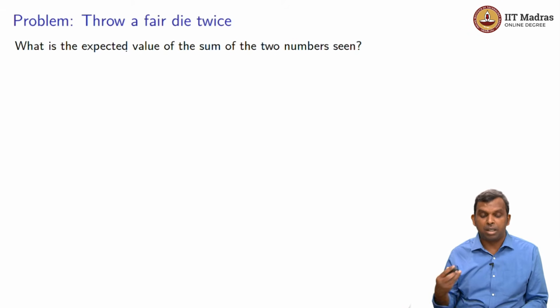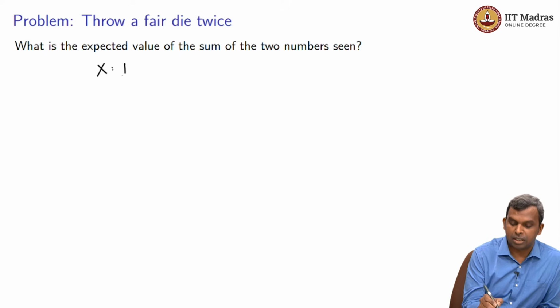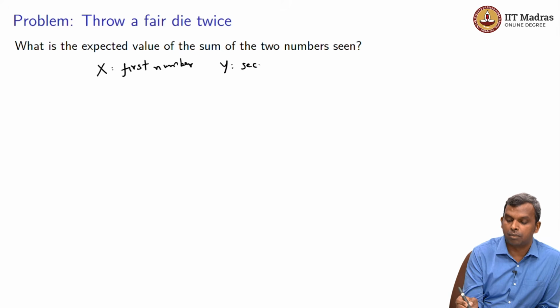So here is a simple little problem where I can use this property. You throw a die twice. What is the expected value of the sum of the two numbers seen? Let's say x is the first number, y is the second number. Number on the first die, number on the second die.